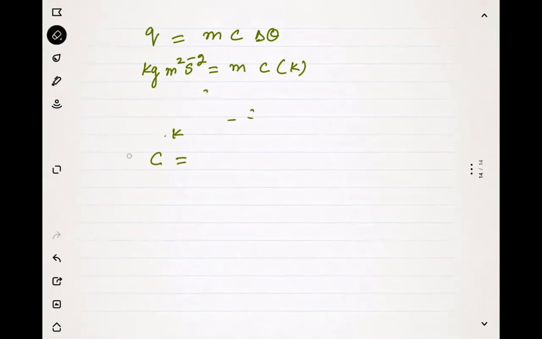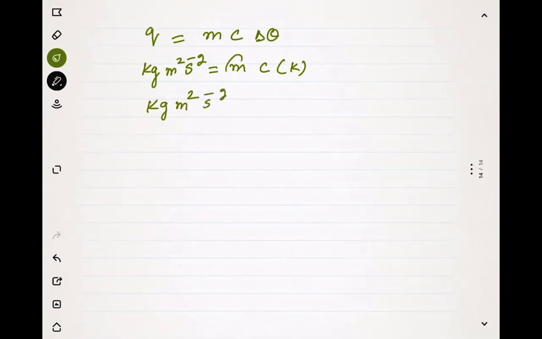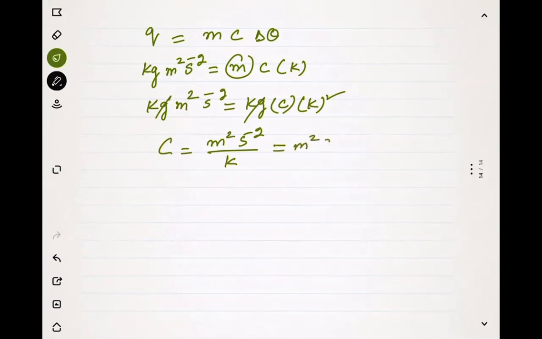Here the m is the quantity, not the unit. Because we have used SI base units, kilogram cancels out with kilogram, and the final unit for specific heat capacity becomes meter square second minus 2, with Kelvin divided. So the base unit for specific heat capacity would be meter square, second minus 2, and Kelvin inverse.